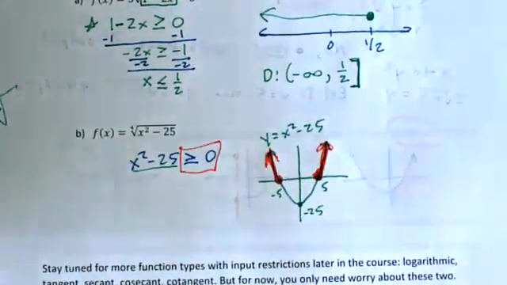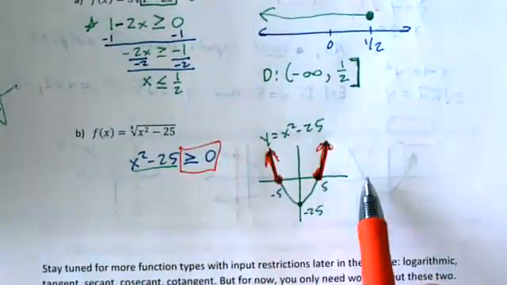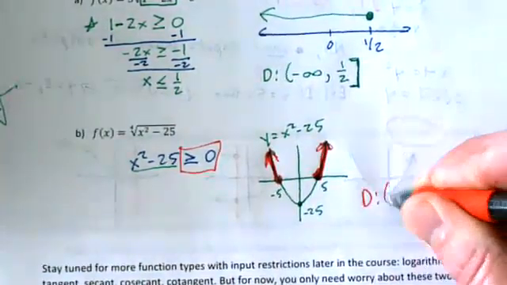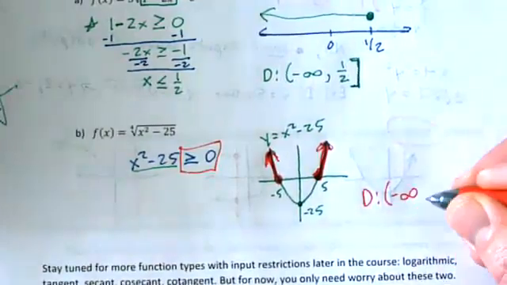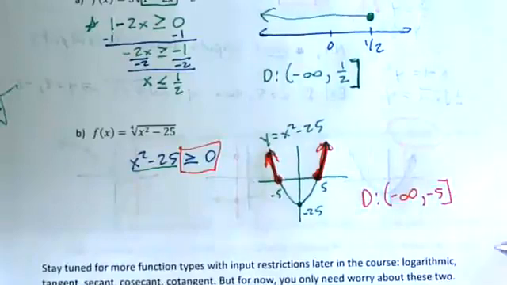All right, well, what are those x values that I just highlighted? Negative infinity to negative 5, 5 to infinity. So that's going to be my domain. Let me write this down, and then we're going to back it up, and we're going to pause and look at the big picture here.